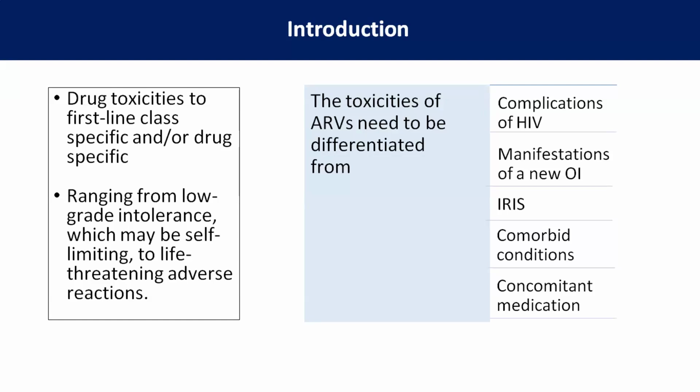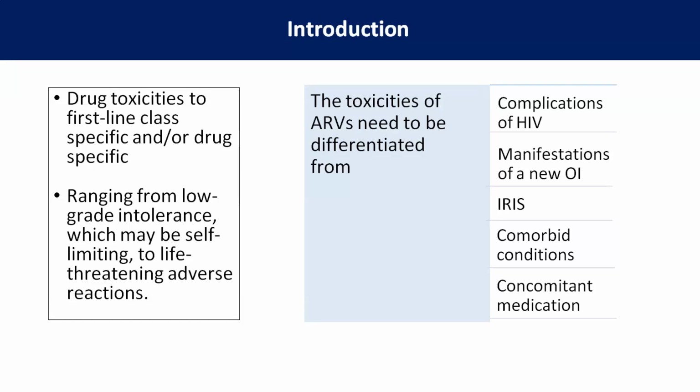Like most cases of tuberculosis, patients usually present with fever, irregular fever, sometimes weight loss, cough, and sometimes they present with jaundice also. So you have to identify whether there are associated opportunistic infections or not. Sometimes comorbid conditions, you have to identify whether diabetes mellitus or hypertension or chronic kidney disease are associated, because sometimes uremic patients may develop signs and symptoms due to uremia, but those are not related to the toxicities of antiretrovirals.